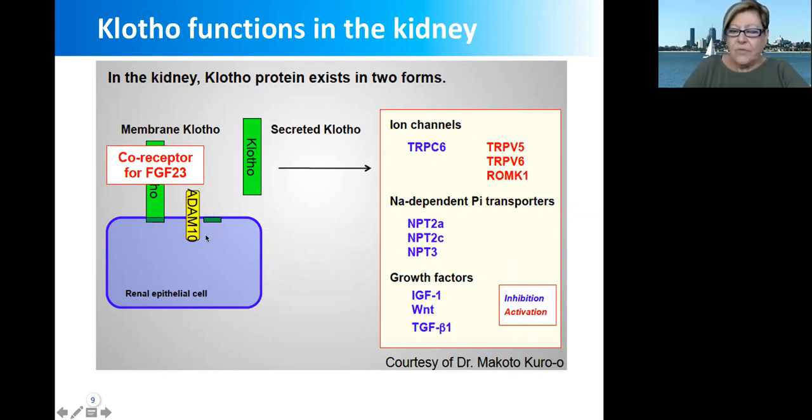And this is a diagram to show that as a transmembrane protein, Klotho is a co-receptor for FGF23 signaling. The secreted one, or the shed one, because it's not really secreted, it is shed, has roles as either inhibitory, or it either inhibits or activates various ion channels, for example, the potassium channel and some calcium channels, affects phosphate transport in the kidney, and it inhibits IGF-1, Wnt, and TGF-beta-1 signaling.